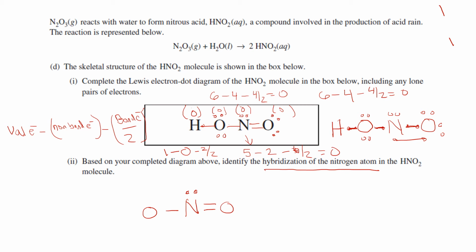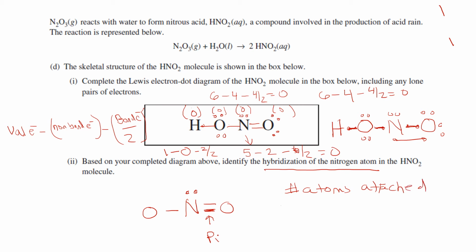Instead of having an s orbital or a p orbital, they're going to hybridize. If you have a double or a triple bond, that's going to be your pi bond, so we're not going to include that. And what you're going to do is add together the number of atoms attached.